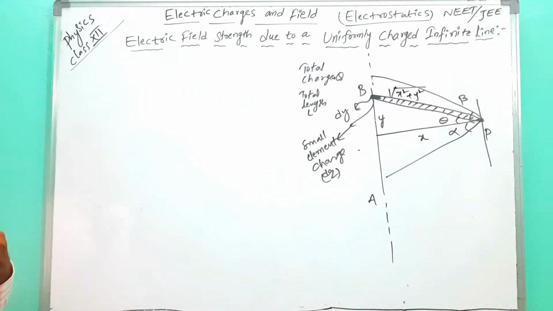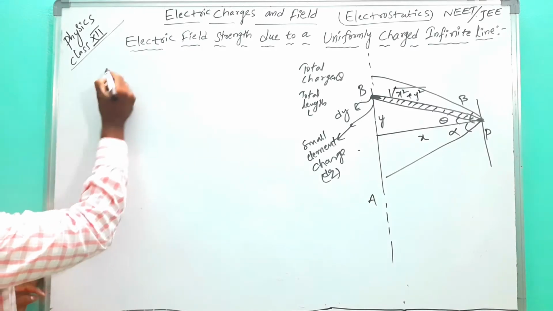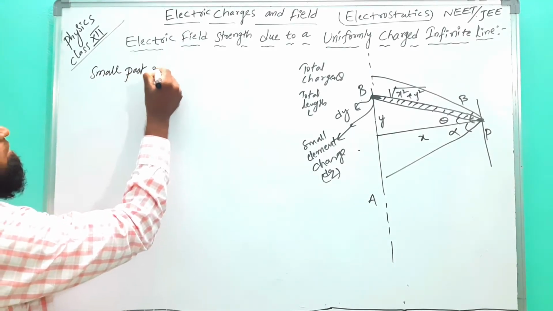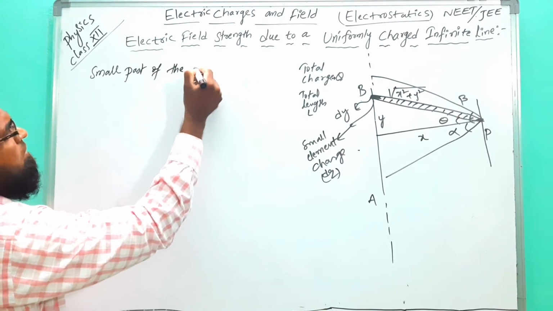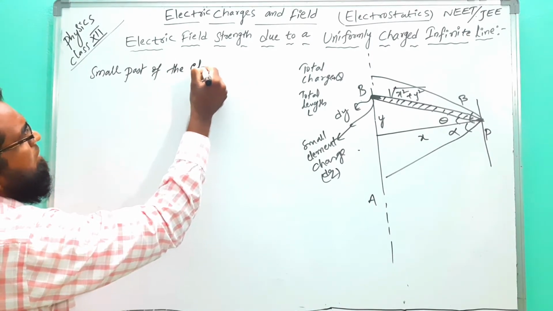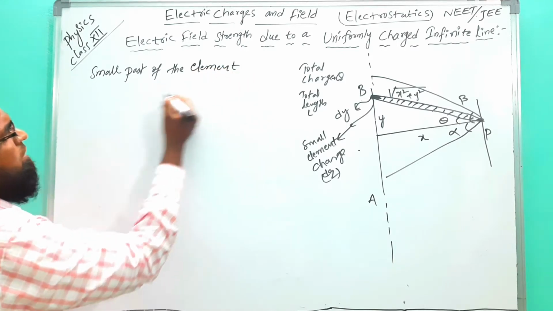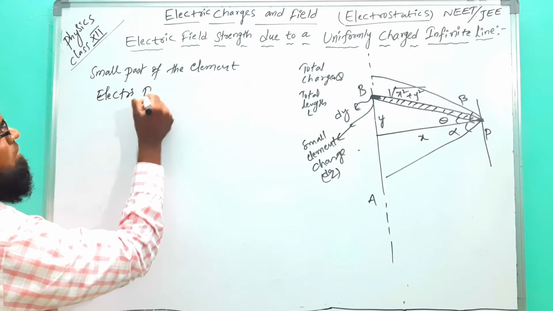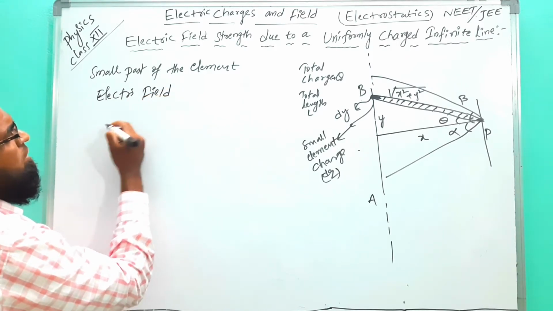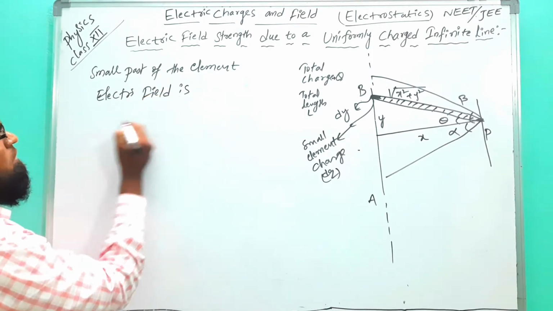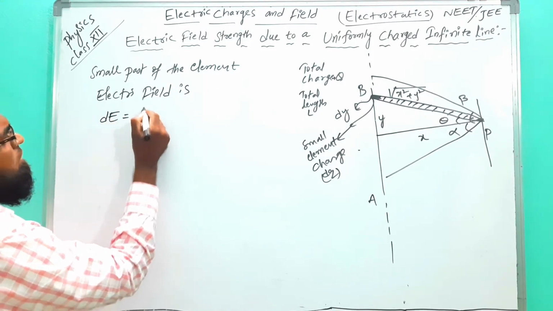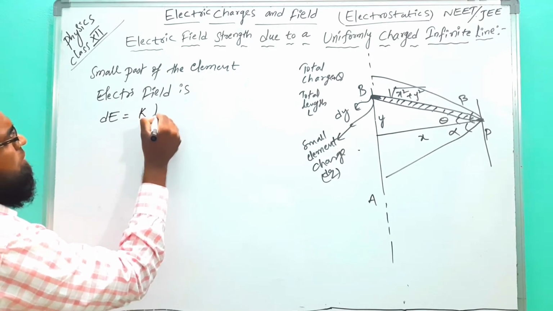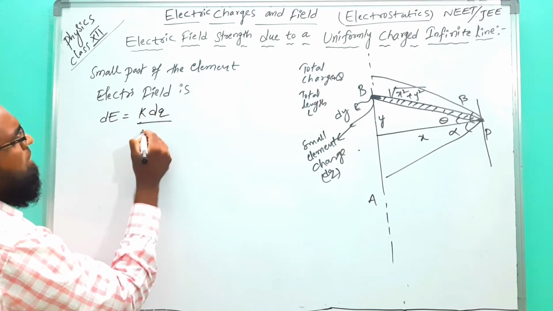See similarly here, the small part of the electric field is dE equal to K into dq by r square.